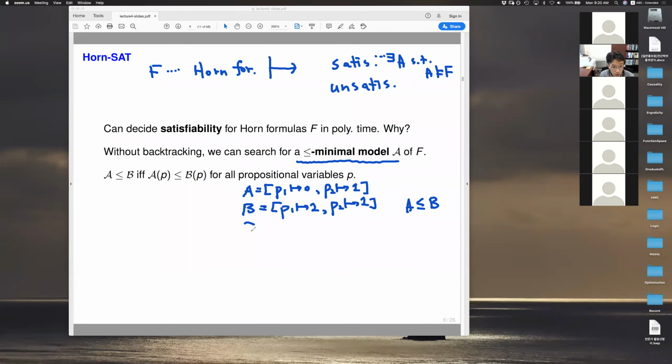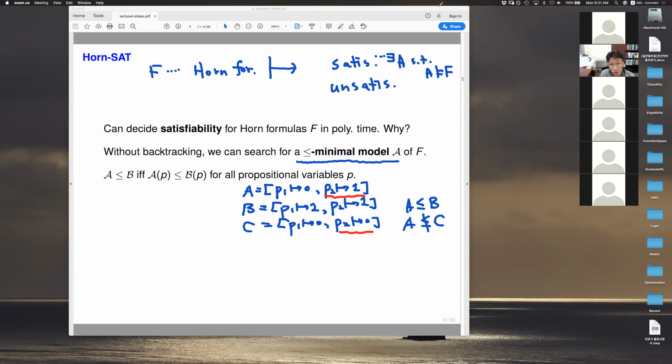On the other hand, if we define C, which maps everything to 0, P1 to 0 and P2 to 0, then this C is now less than or equal, let me erase this. So this A is not less than or equal to C. That's because for P2, A maps P2 to 1, but C maps P2 to 0.